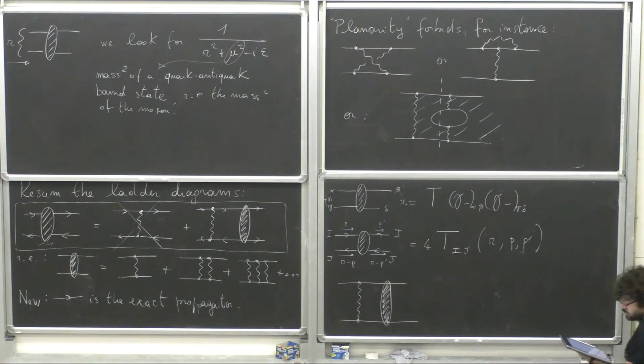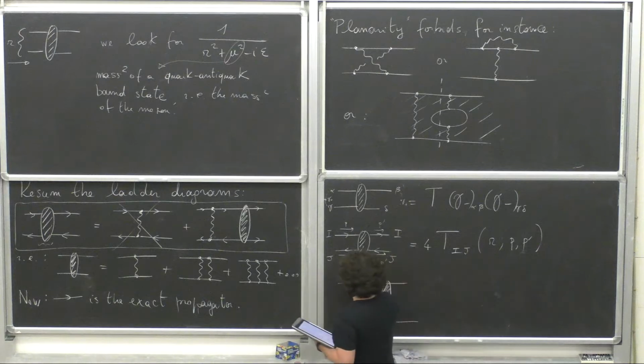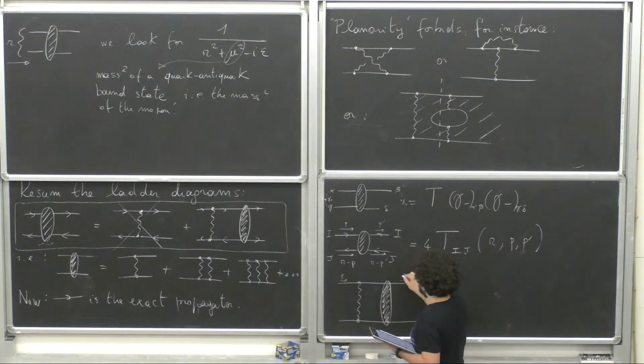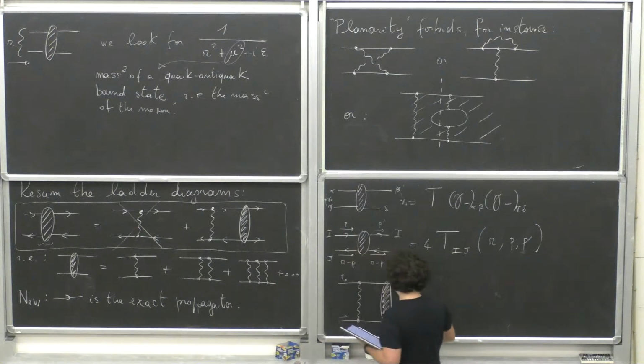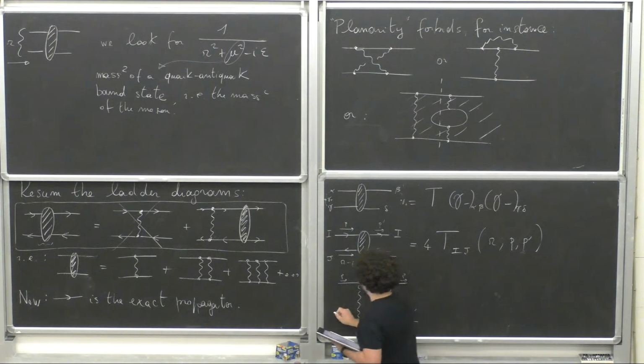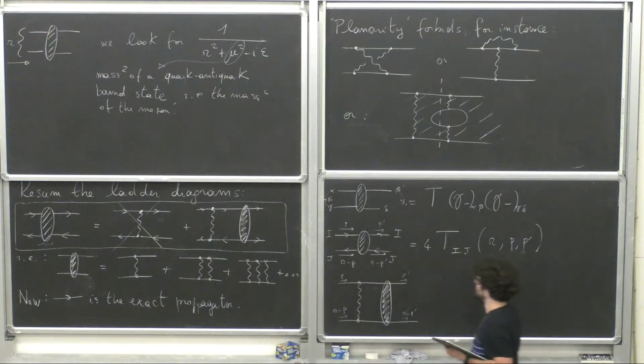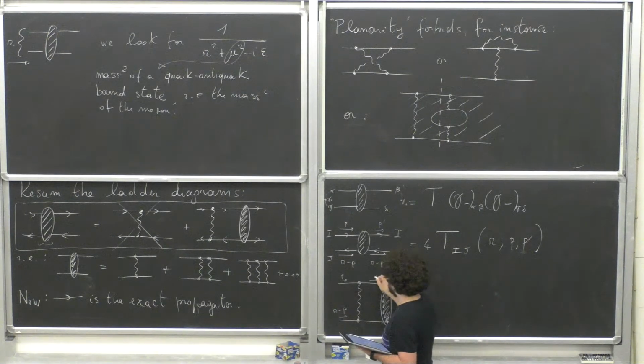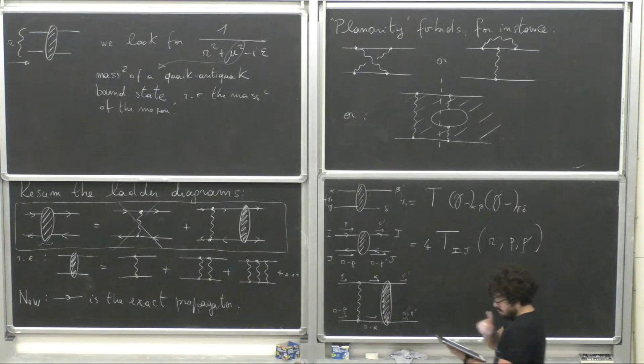So what is this going to be? Again, since I want to equate, I need to put P and P prime. Oh, no, it's not P prime, this is R minus P prime, and this is R minus P. And let's call this internal line K, and as a result, this is going to be R minus K, right?